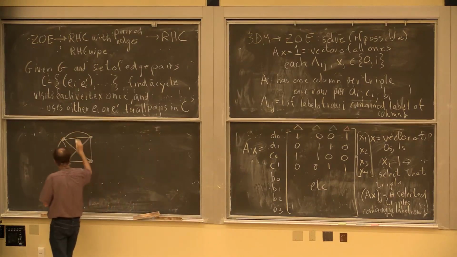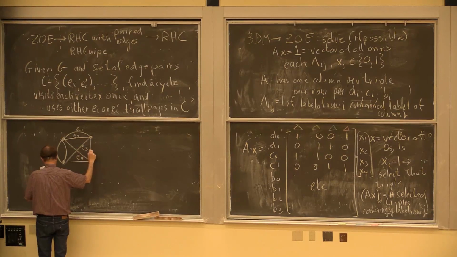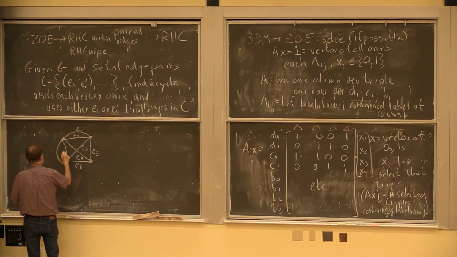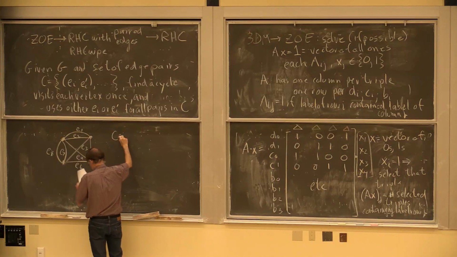But I'm going to restrict it, and I've got to give these edges some names, so I can write this down. Okay, so those are the names of all the edges, and here is my set C.